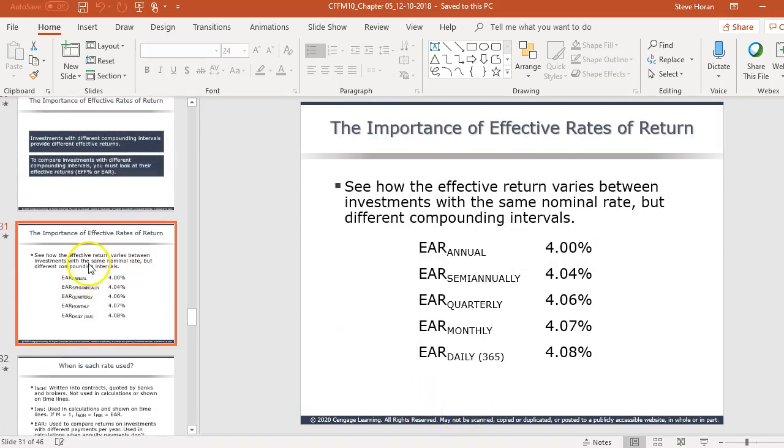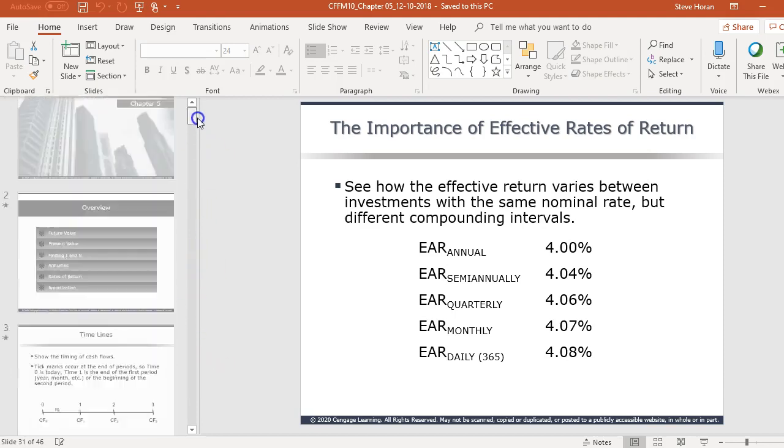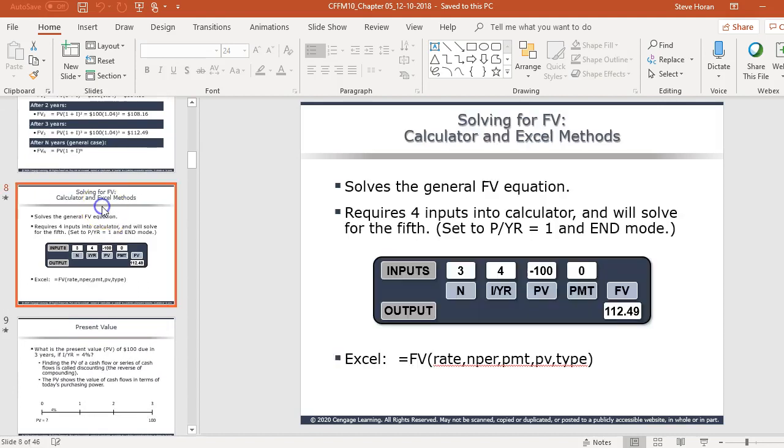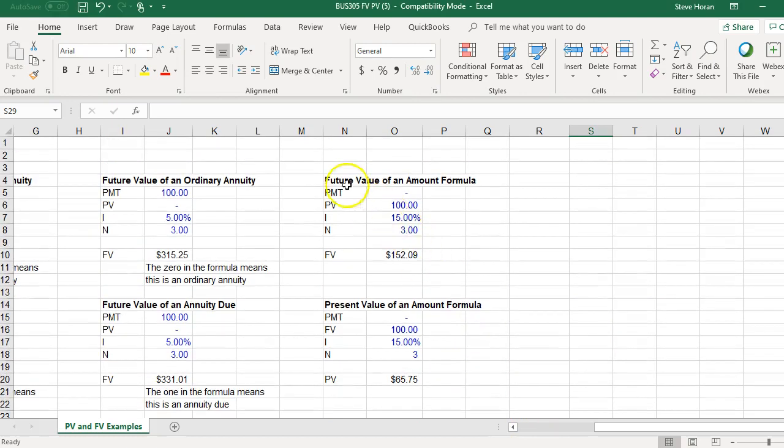Okay. And then I wanted just to show you, I'm going to go back to some of the first examples they gave us of doing some computation. So let's do this one right here. We'll do the future value of $100 at 3 years at 4%. So up here it says future value of an amount. So it's $100. The interest rate was 4% at 3 years, and we get $112.49.